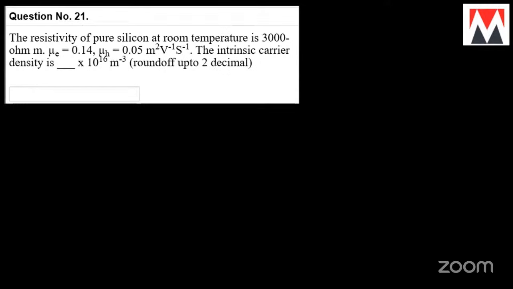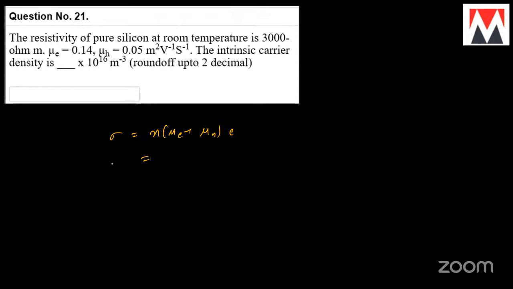So you have the resistivity of pure silicon at room temperature is 3000 ohm. mu E is equal to 0.14, mu H is equal to 0.05. The intrinsic carrier density is asked. So you can calculate your sigma is equal to n into (mu E plus mu H) into charge. So you have n is what?